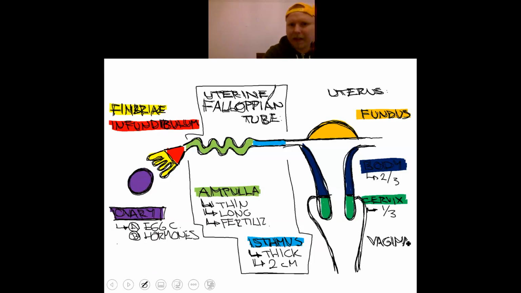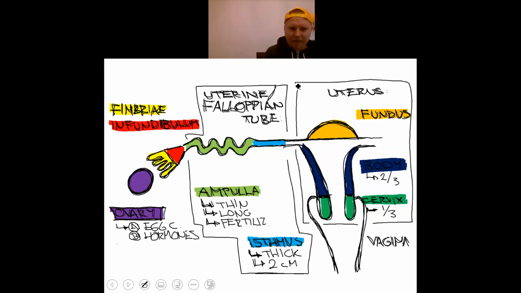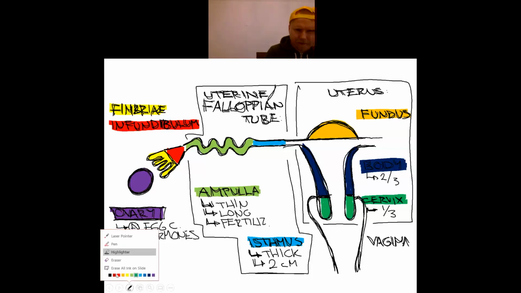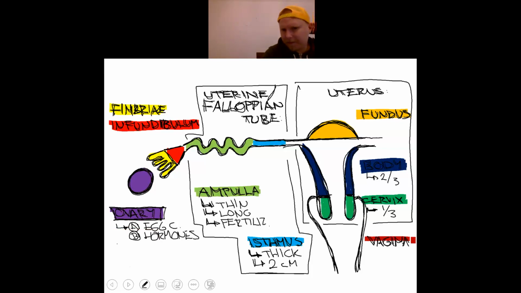I'm just highlighting here for the uterus the different parts that we wanted to know. And finally, let's add the color coding for the vagina. It's going to be here.